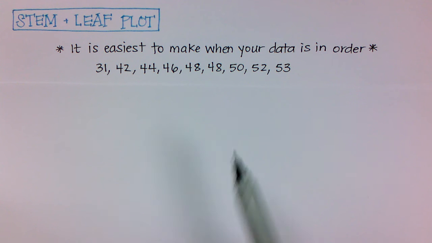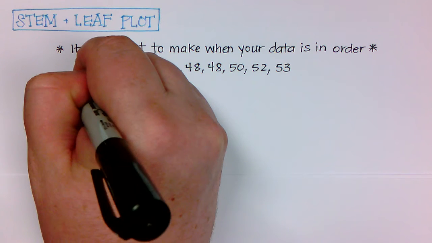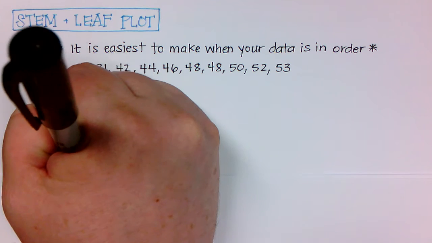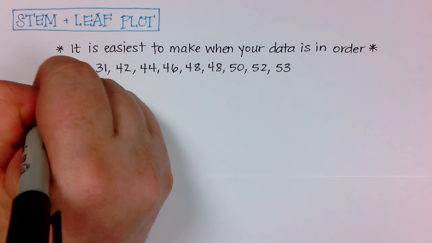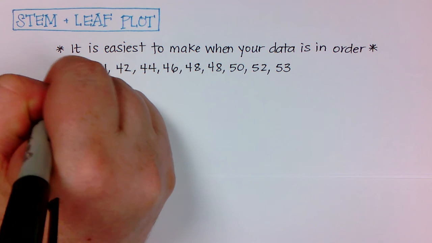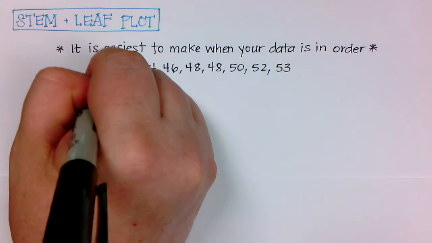I'm just rewriting it again right here. So now that I have them in order, what I'm going to do is organize them into 2 columns. So every time we're going to just draw a line. One side we're going to label the stem, and the other side is going to be our leaves.